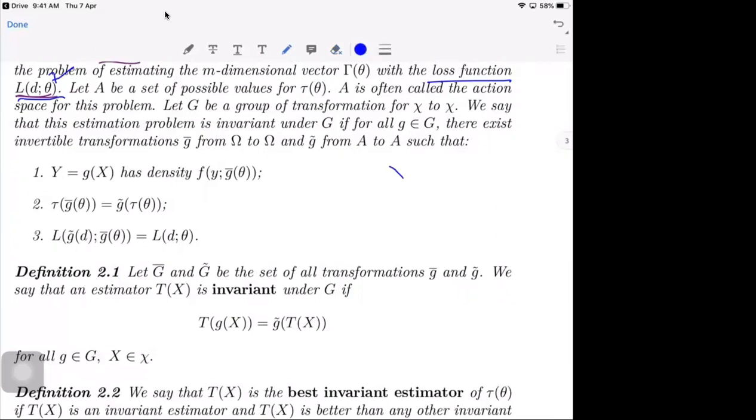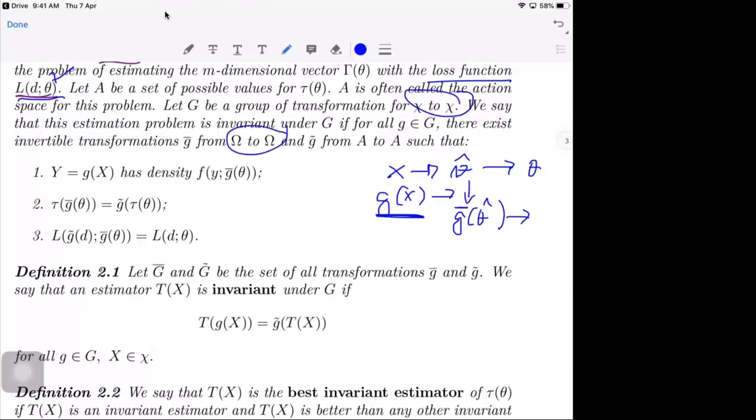Say for example, if x has an estimate theta hat for theta, if you do a transformation on your x, what will the parameter be now? It is still a transformation on your theta hat given by g bar, no? So a transformation on the data is g, but a transformation on your parameter will be g bar. And these are all invertible.